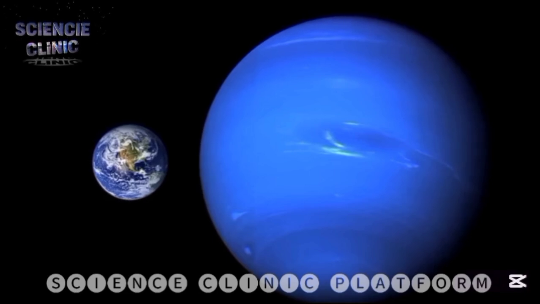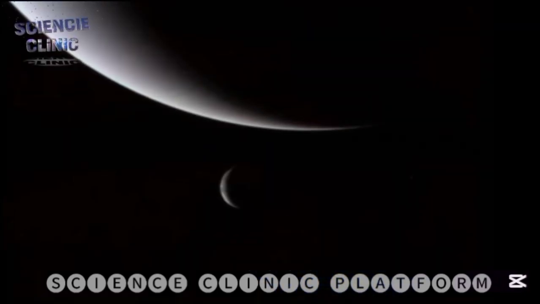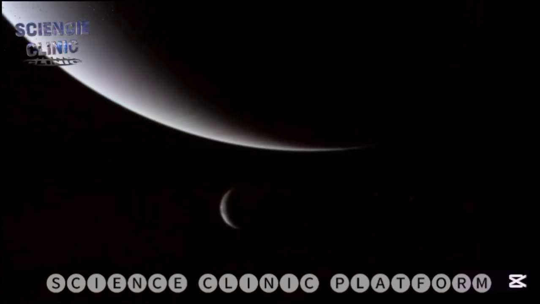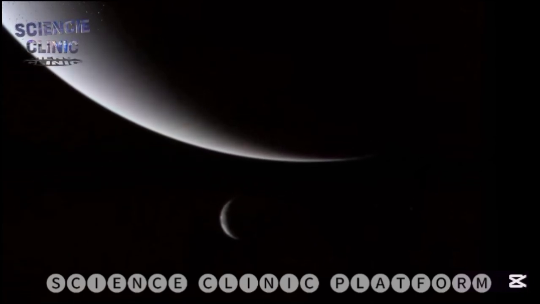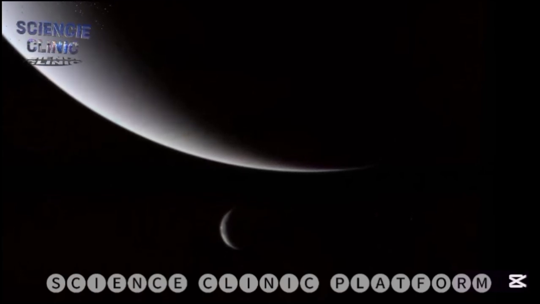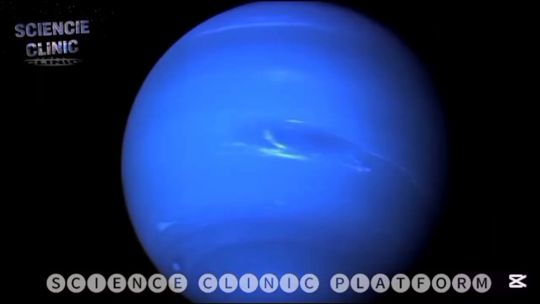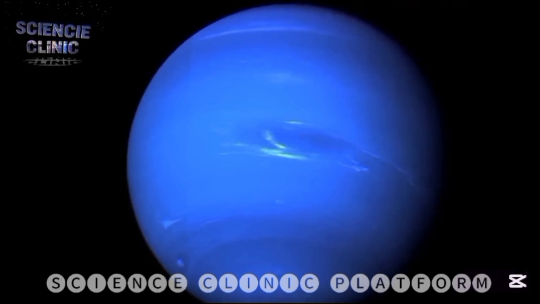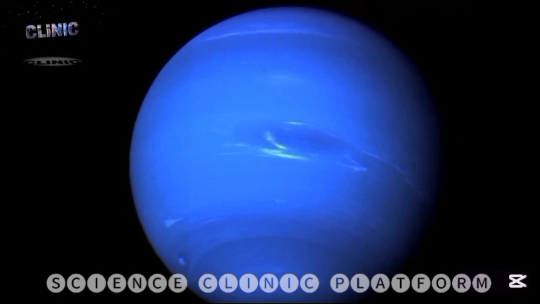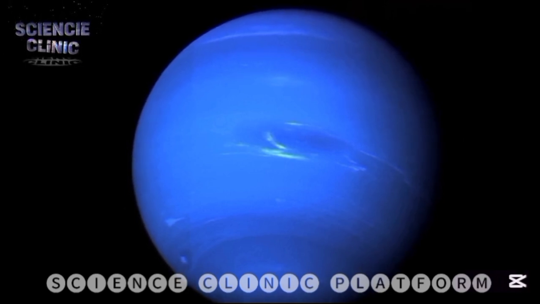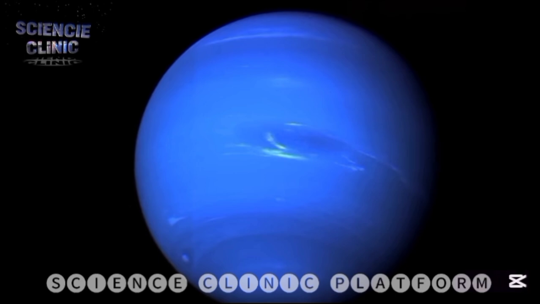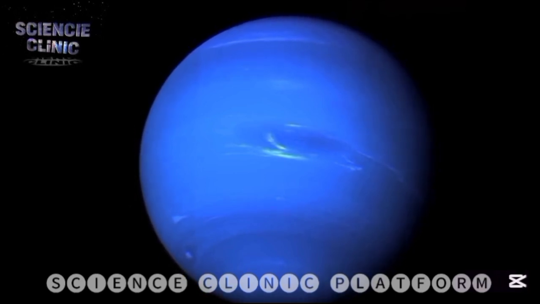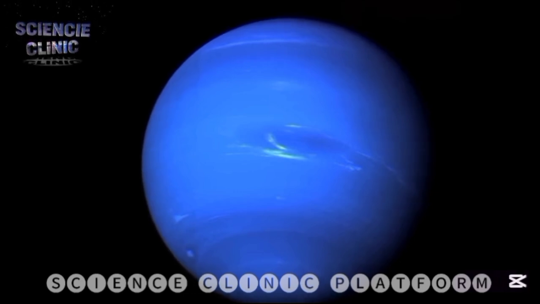Since it is the eighth planet, it is the farthest from the sun, approximately 4.5 billion kilometers from the sun, and a year at Neptune is 165 Earth years.